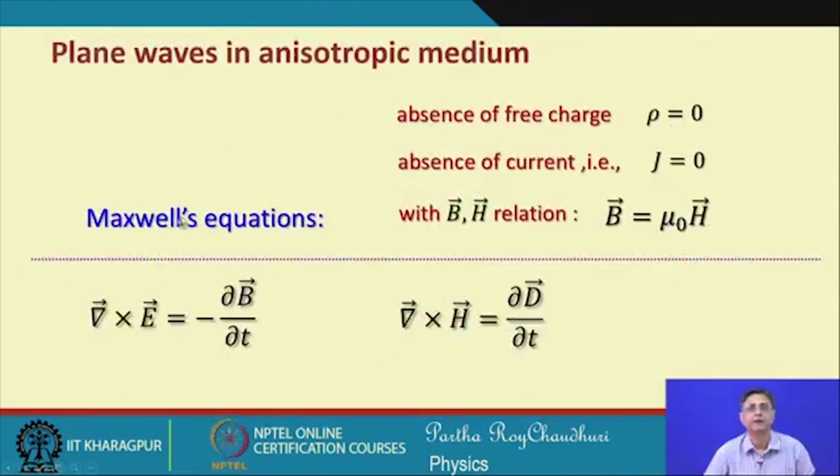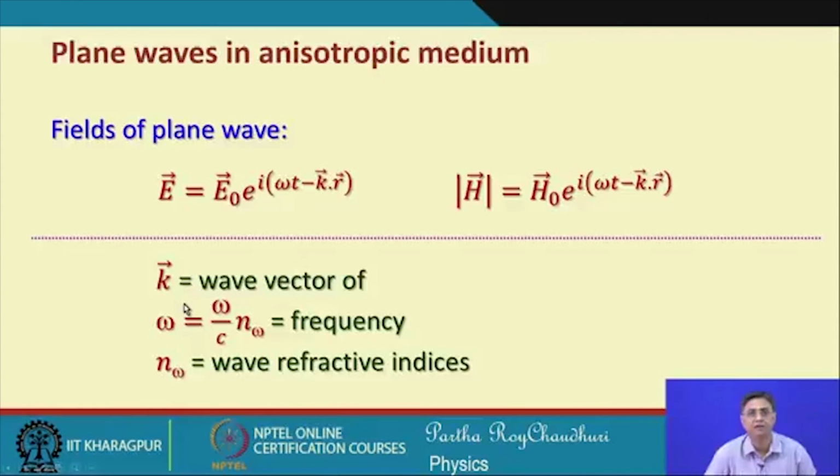Now, we will look at the plane wave equation solution for this anisotropic medium. We assume that there is no free charge, there is no free current, and B and H are related by the constitutive relation B equal to mu naught H in such a medium. These are the two Maxwell's curl equations from which we can derive the wave equation for the anisotropic medium.